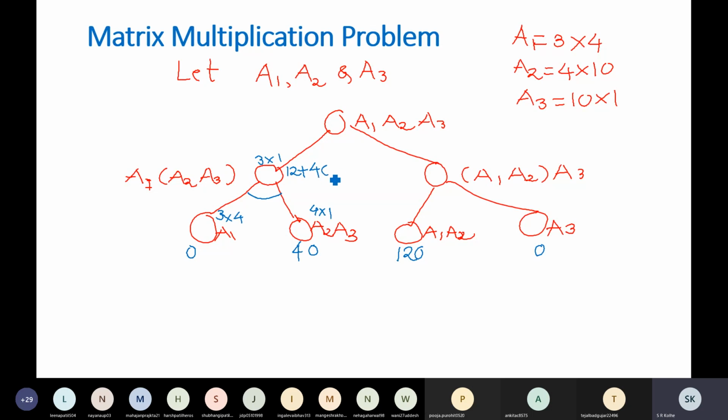So 12 plus 40 is 52. This node is multiplying A1 with A2 and A3, so at this stage the effort required is the cost of this plus the cost of this. To multiply this 2, the cost is 12. To multiply A2, A3, the cost is 40. So the cost associated with this path is now 52. Now come to this one. This is also AND.